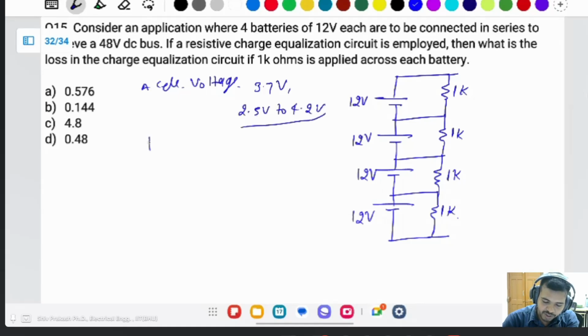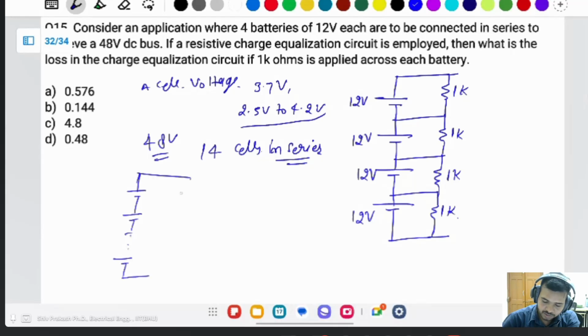If you want to make a 48 volt battery, then you should connect 14 cells in series like that, to make a battery.